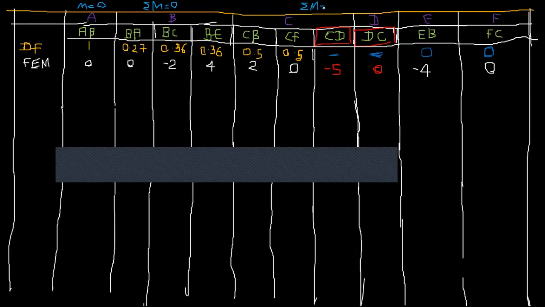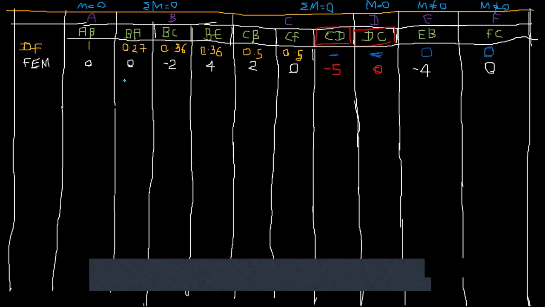C is also a continuous joint. And D is a free end, so anyway M is 0. Here M is non-zero. Why? It's a fixed end. These should be your values, right?